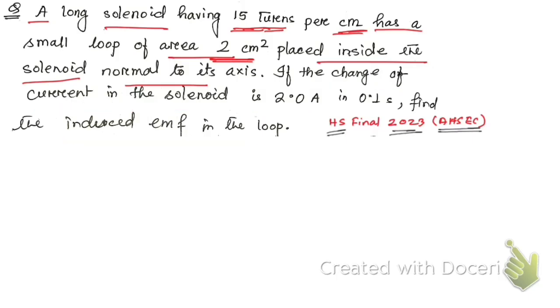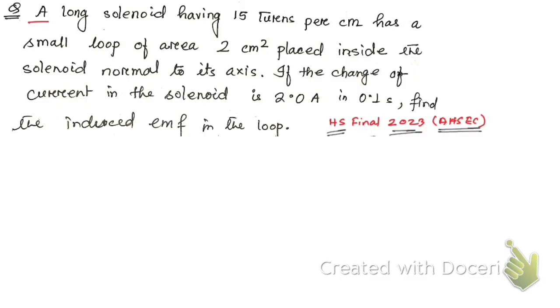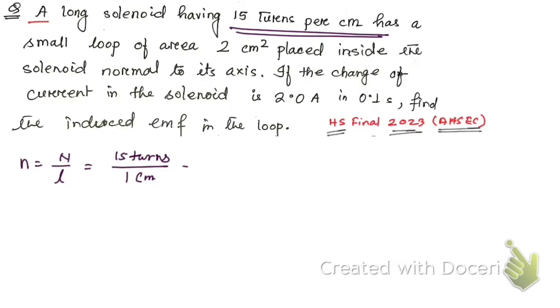So first let me write the given information. What is the given information? 15 turns per centimeter, that means small n is equal to capital N by L. So 15 turns per centimeter can be written in turns per meter.